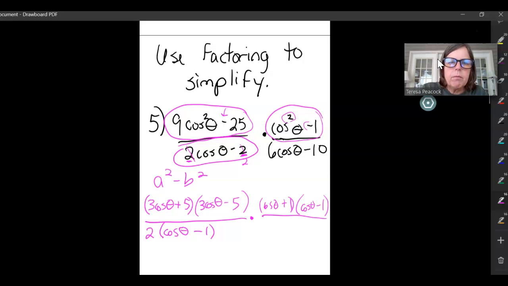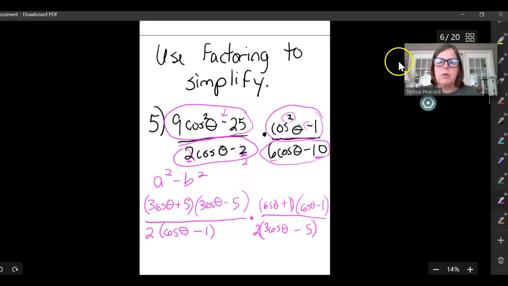The denominator, finally, the 6 and the 10 can both be divided by 2, so I factor a 2 out, and 2 times 3 is 6, so I will put 3 cosine theta down to get my 6 cosine theta. Put your minus down, and 10 divided by 2 is 5.